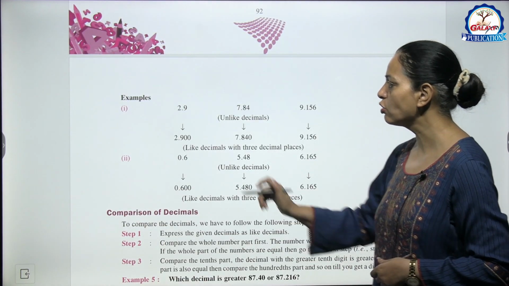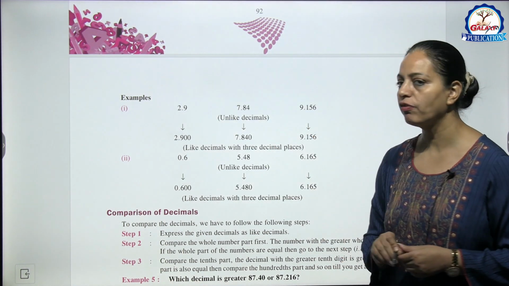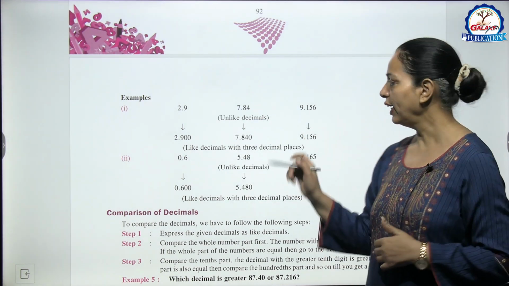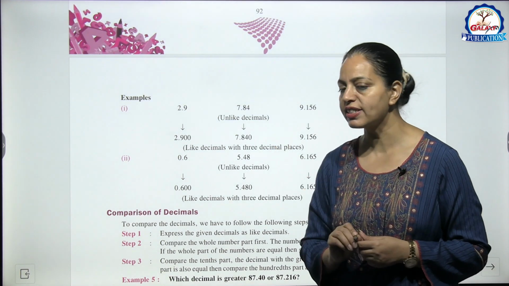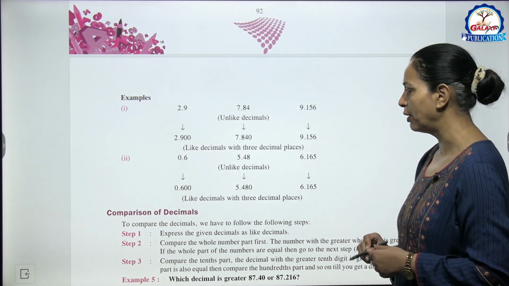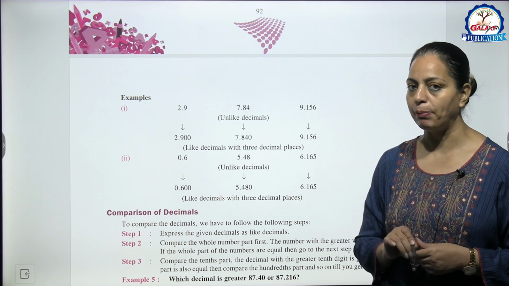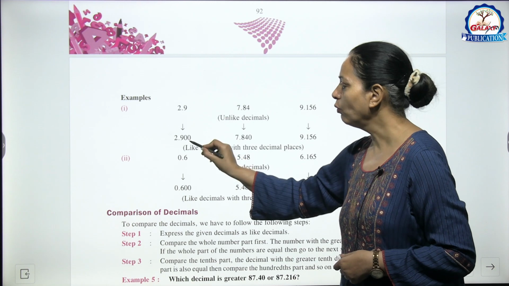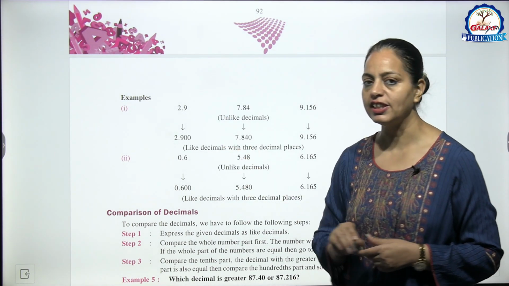Example, see here 2.9, 7.84, 9.156. आप देखो हमारे पास 3 decimal numbers हैं. In this number we have 3 digits after decimal, here we have 2 digits after decimal, here we have 1 digit after decimal. तो हम क्या करेंगे, सबको चेंज कर देंगे 3 decimal places में. ओके, so what to do, 2.9 we can write 2 zeros, so it becomes 2.900.